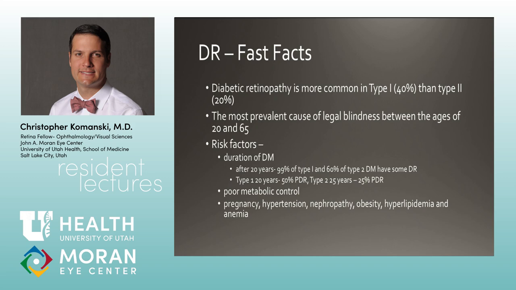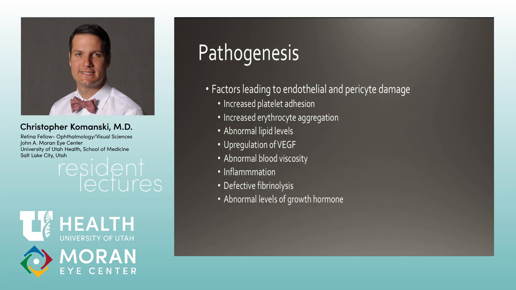The other risk factors are poor metabolic control. Things that may be or are complicating factors are pregnancy, high blood pressure, kidney disease, obesity, hyperlipidemia, and anemia. So the general pathogenesis is that there's different factors that cause endothelial cell and pericyte damage.